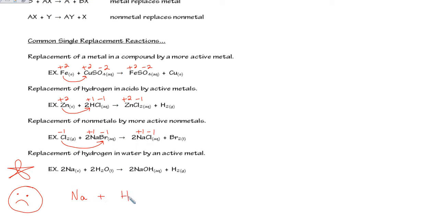Sodium plus water. Sodium is a +1. Hydrogen's +1. Oxygen's -2. So they think, let's do a little switch with the sodium and the hydrogen, right? So on the product side, they'll say, okay, we're going to kick out the hydrogen. So now hydrogen's all by himself.